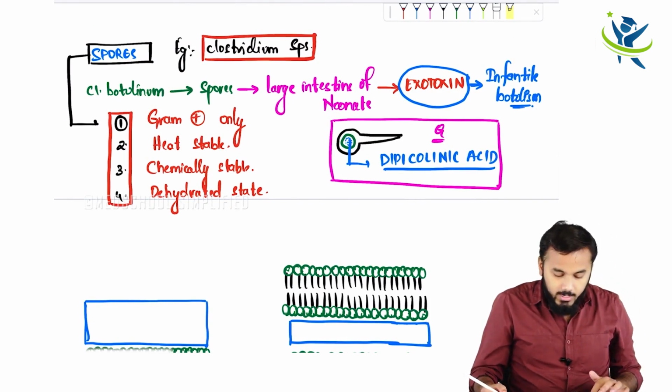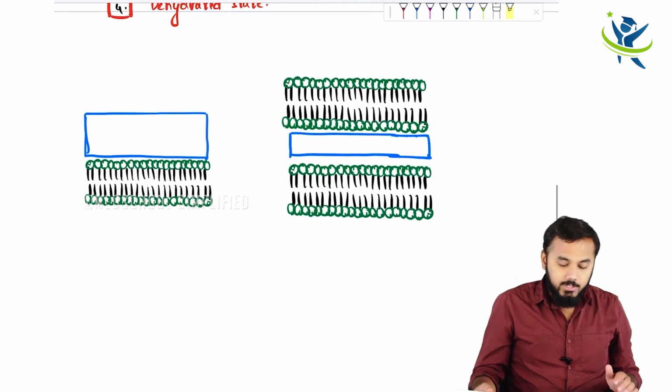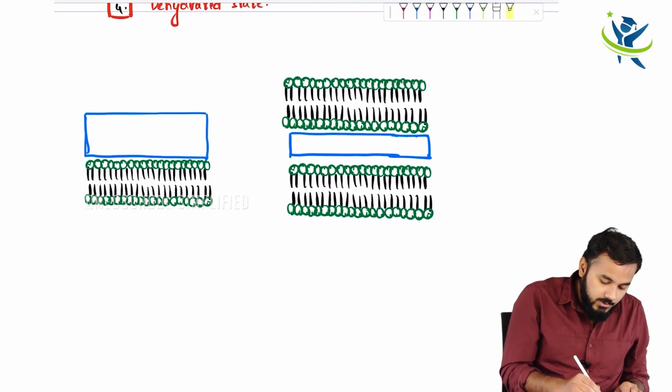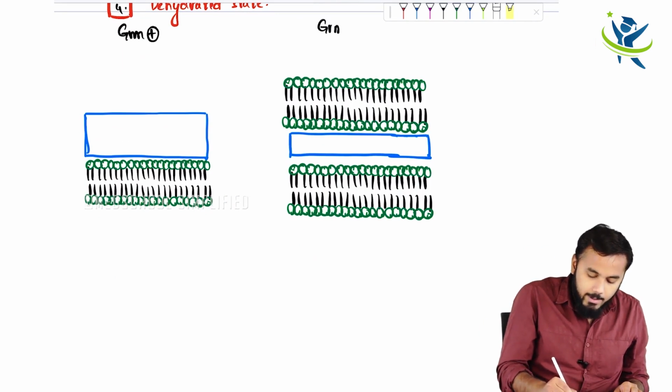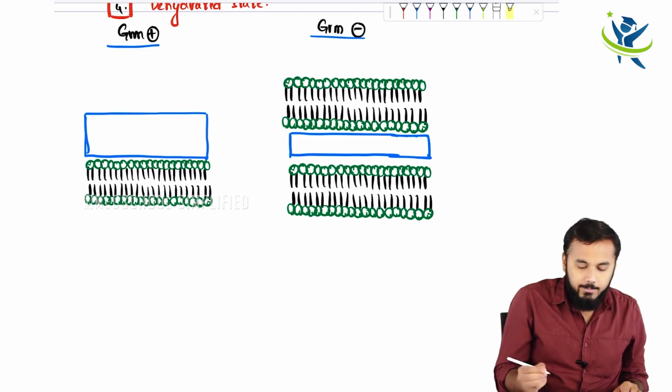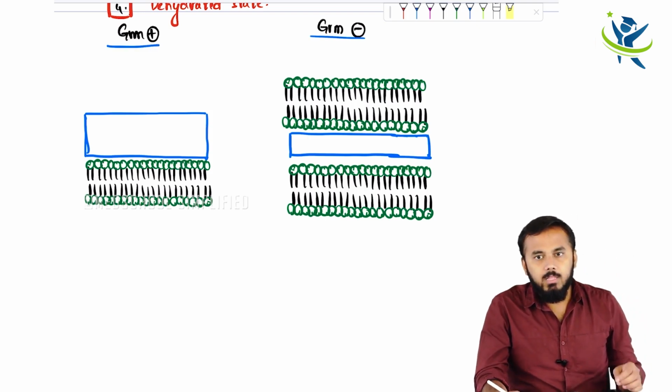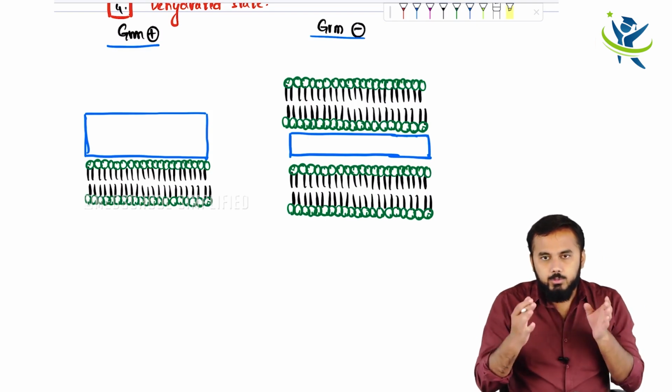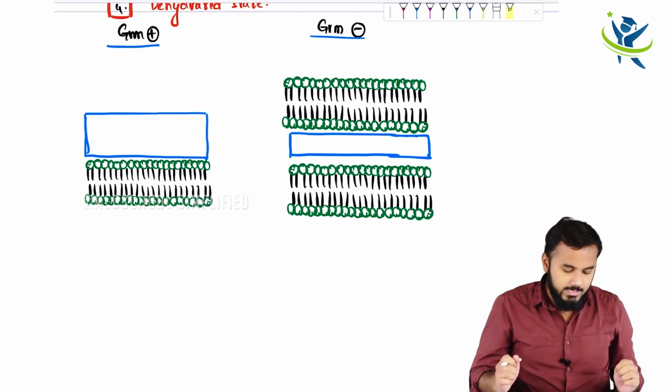Cool. Now let us enter into the famous topic which every one of you knows, the differences between gram positive and gram negative bacteria. So what are gram positive and gram negative bacteria? The real difference is, you can look at the picture itself.